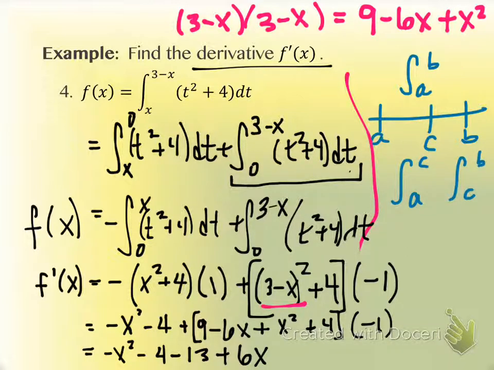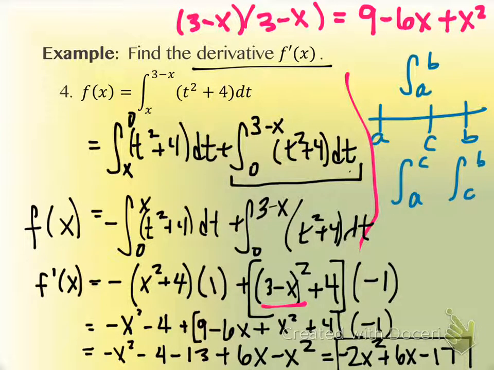Okay. And then I have positive x squared times negative, so negative x squared. And then I think we have just enough space to write under this and write the combination of everything. So what is the grand sum total that I have here? Minus 2 x squared minus 17 plus 6x. Okay, I'm going to put the 6x first just so that it's in order. It doesn't really matter. Right? And then you have minus 17? Sounds good. Any questions on that one?